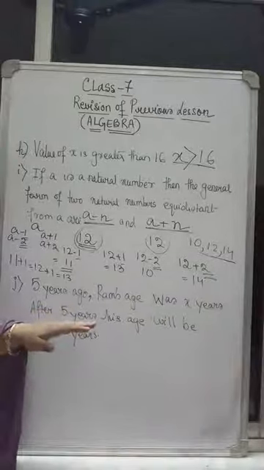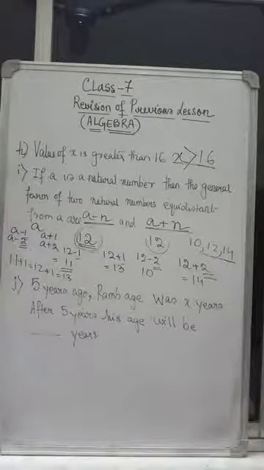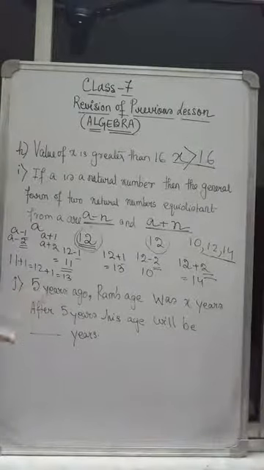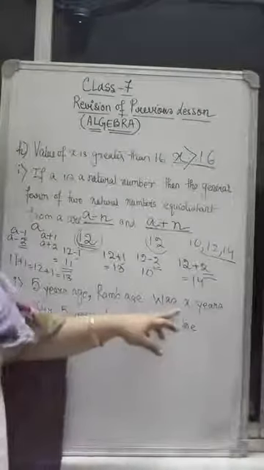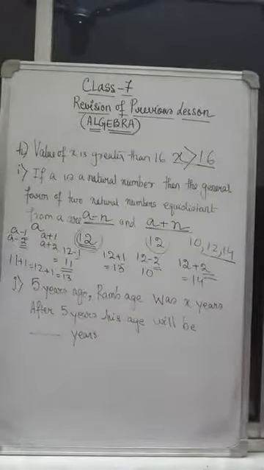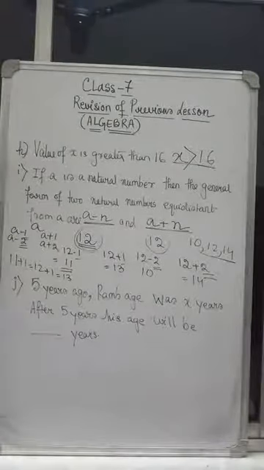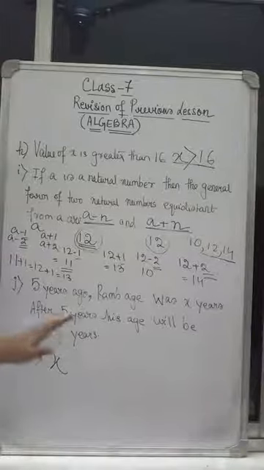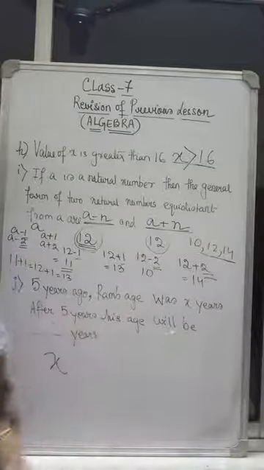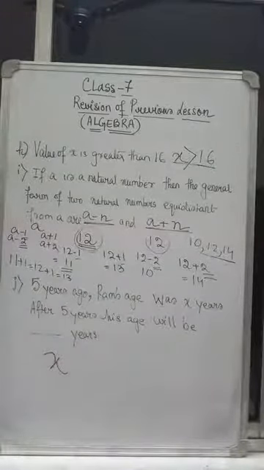5 years ago, that means 5 years from the present, Ram's age was X years. So before 5 years, his age was X years. What is the question? After 5 years, what will be his age?